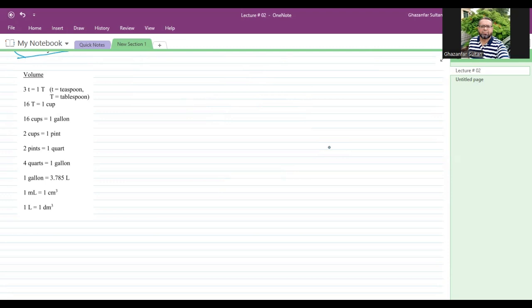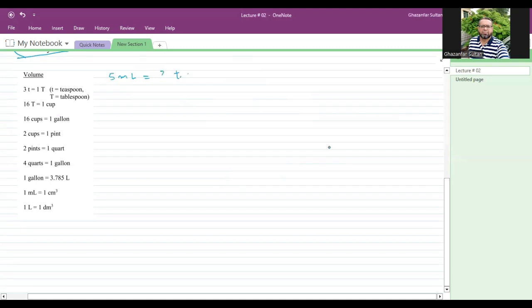Sometimes we have to measure 5 ml by using our tablespoon or the teaspoon. Small t for teaspoon, okay?